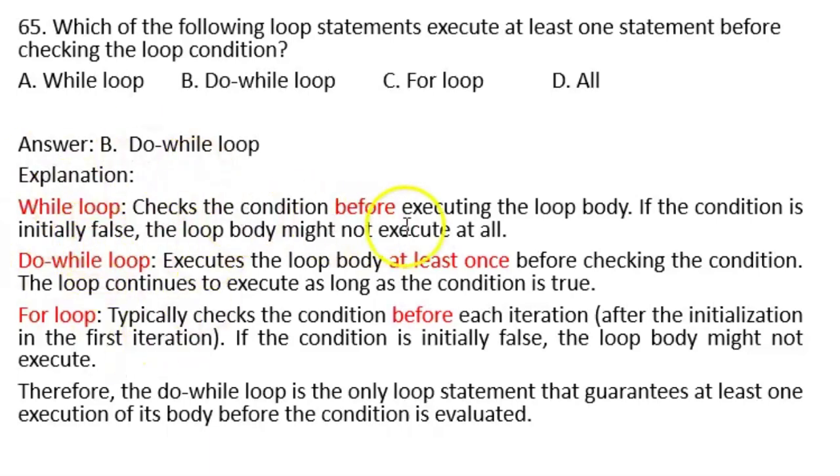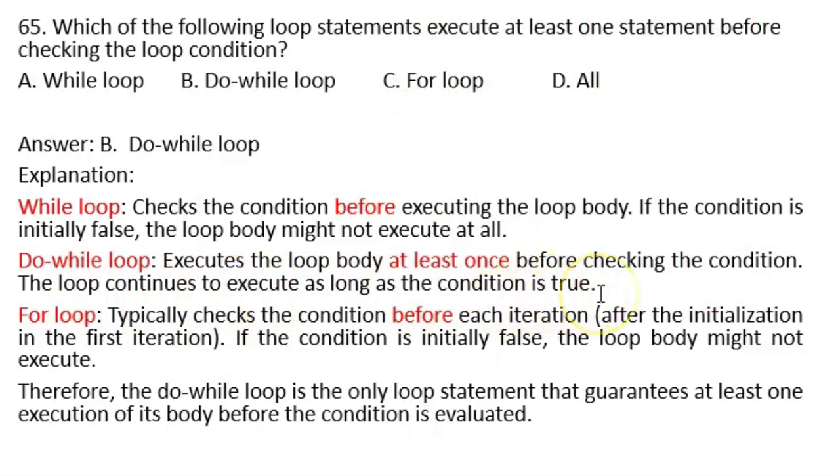The while loop checks the condition before executing the loop body. If the condition is initially false, the loop body may not execute at all. The do while loop executes the loop body at least once before checking the condition, like this.